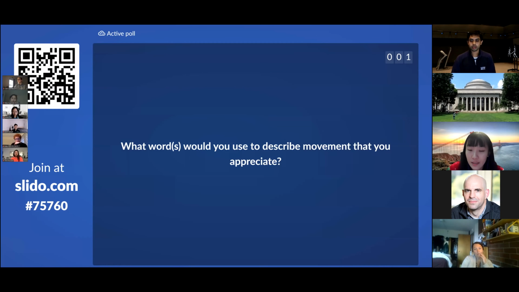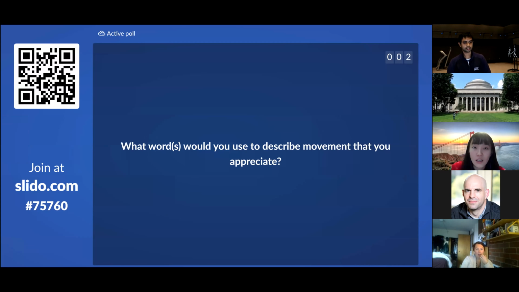So in your own words, what would you use to describe these movements? Feel free to type a word or a phrase. You can submit more than one.